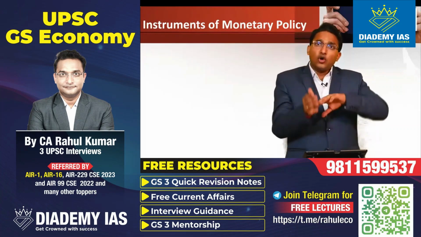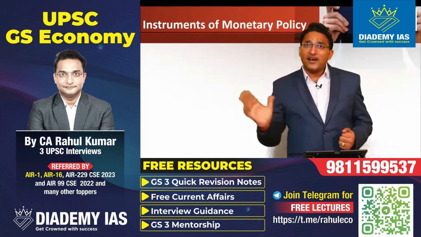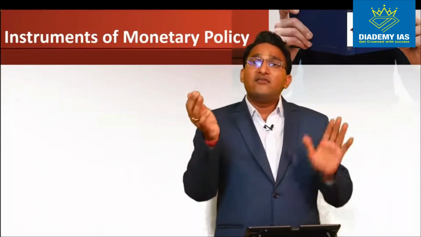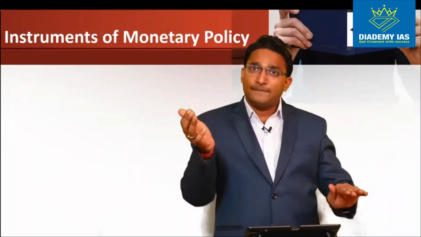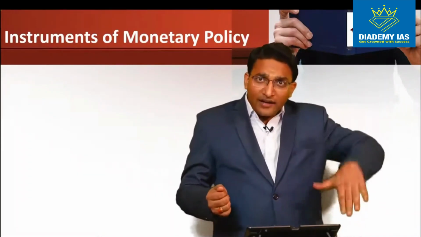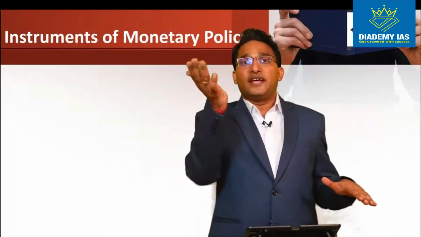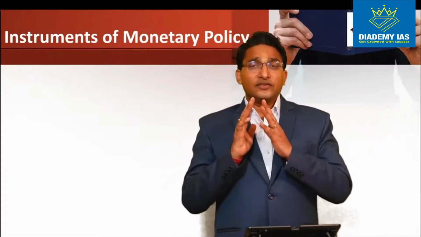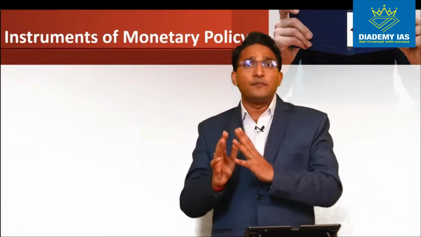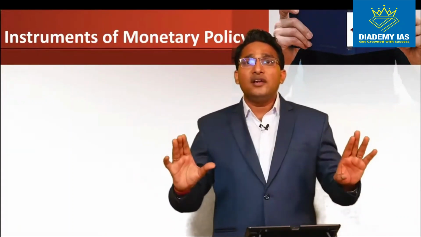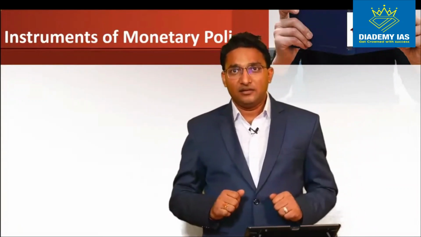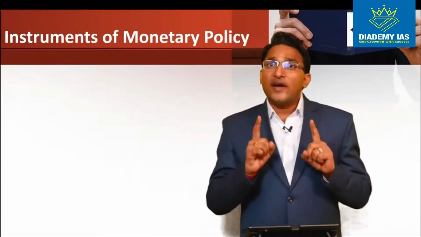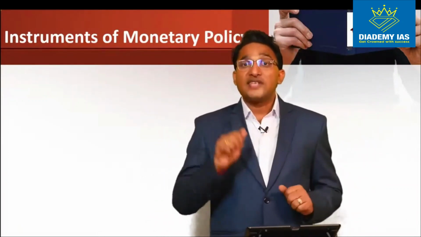Should it be increased or decreased? If prices are rising beyond a level, then we have to decrease the monetary supply. If prices are falling, then we have to increase the monetary supply. Therefore, these instruments directly impact the total quantity of the monetary supply, right? So that is why they are called the quantitative tools.